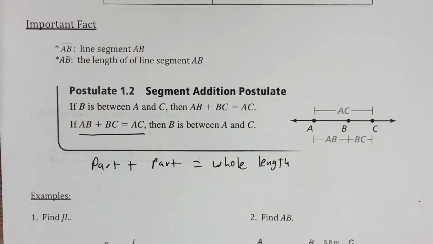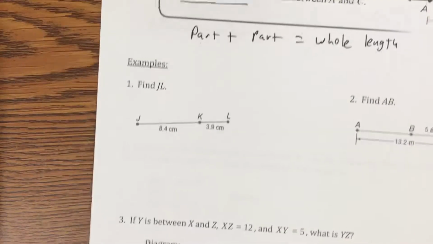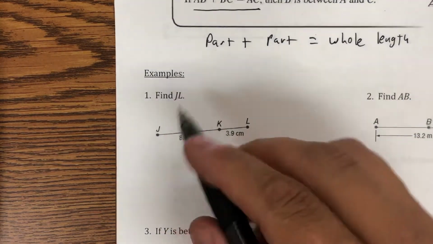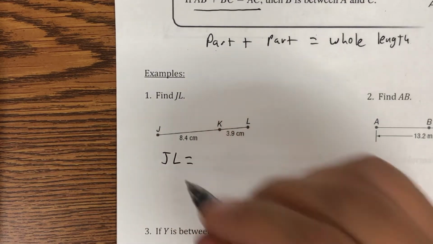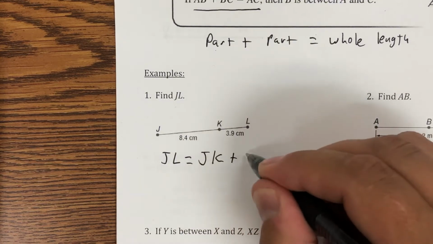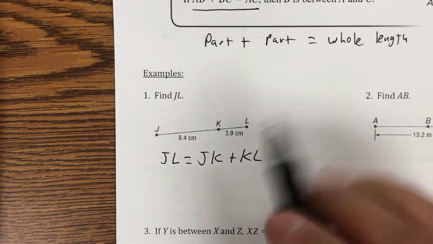So a couple of these questions at first are going to seem very, very easy. I'm going to actually write out the equation using the segment notation just for some practice and making sure that it's clear how it's written. You do not need to write down this equation each time. So the entire length JL is equal to the first part JK plus the other part KL. Like I said, you do not need to write out this notation. You can just find the answer.